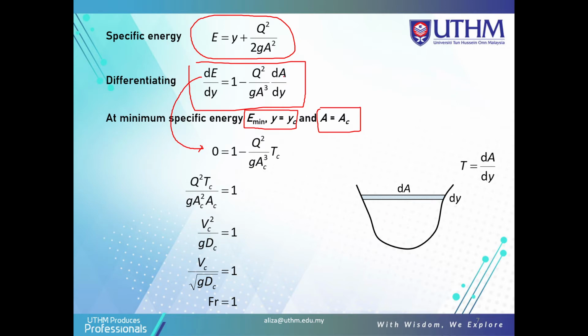Now dA/dy, from this cross section here, we have learned that this top width T is based on chapter 1 and chapter 2. To get the T here, we must get the dA/dy, so that's why you get the Tc here.